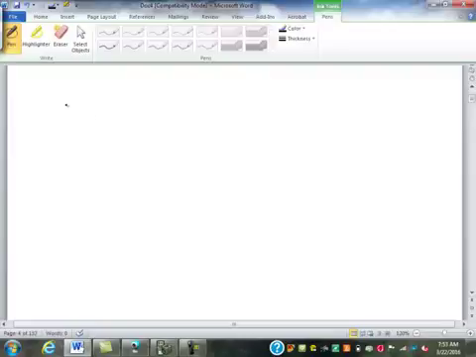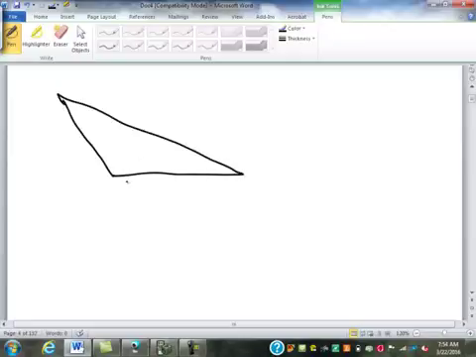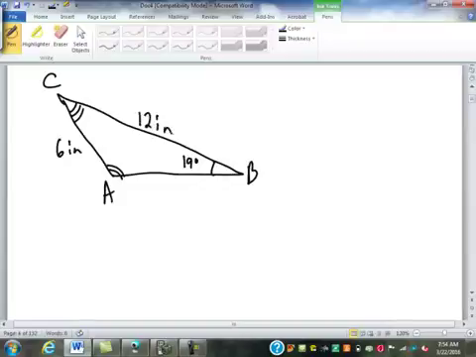let's see one of the other possible options. This one here. Once again, we have two sides and an angle.